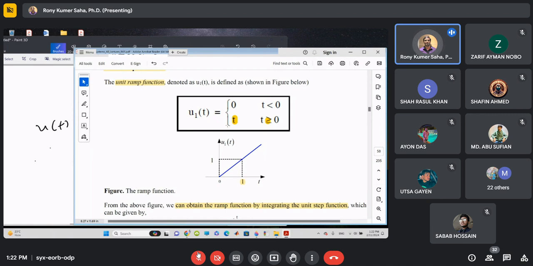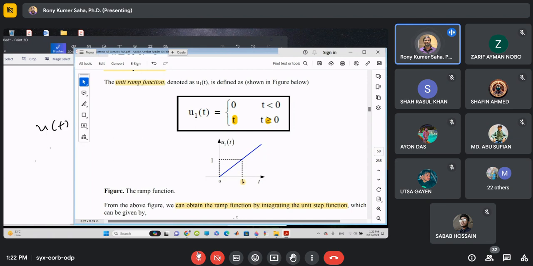The value of the signal is the value of the independent variable. That's actually the property of the ramp function.